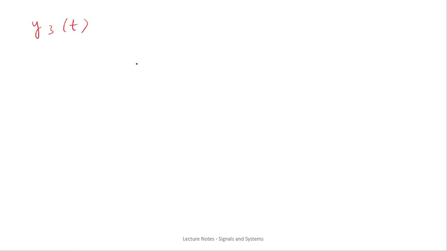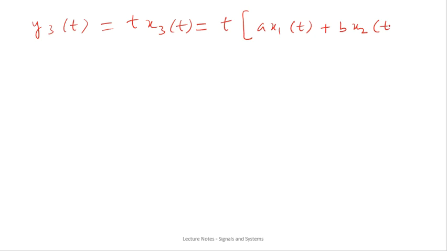So y3(t) is nothing but T times x3(t), and in place of x3 you put a x1(t) plus b x2(t), because that is what you had assumed previously, that x3 is the linear combination of this. So you just simplify this expression.